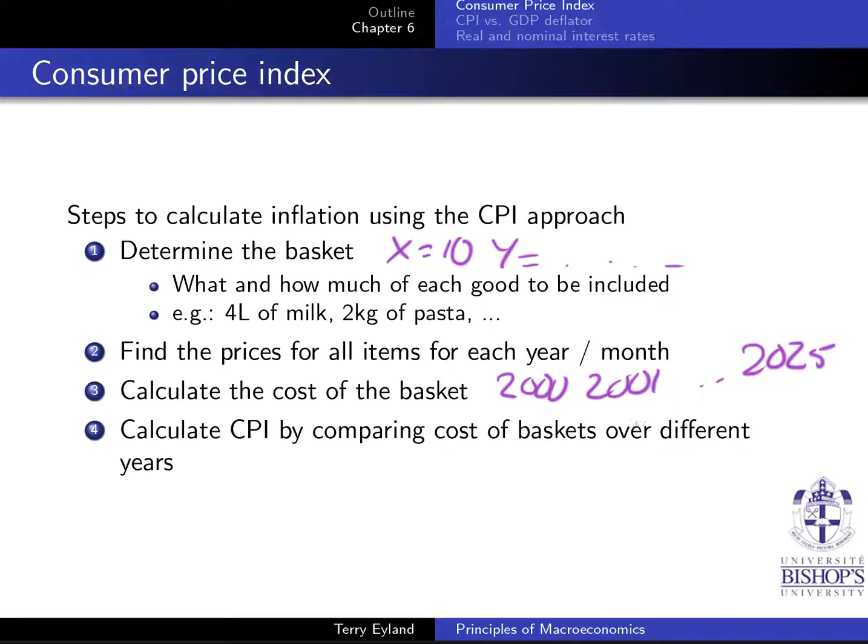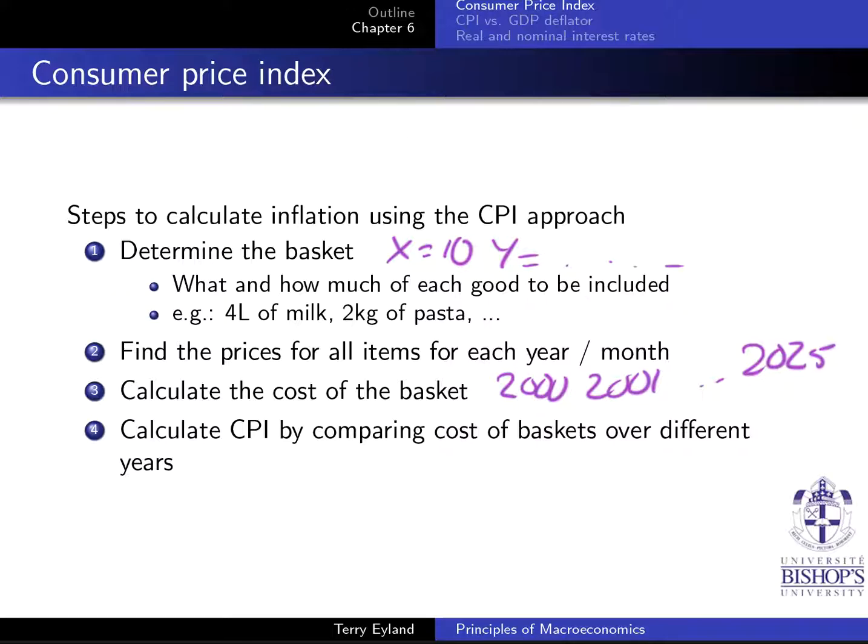So you have this basket that you see its cost evolve over the years. Essentially, you're trying to compare the price of that basket. You're really comparing the same basket in this case. And that's pretty much it. Calculate CPI by comparing costs of those baskets over the different years.